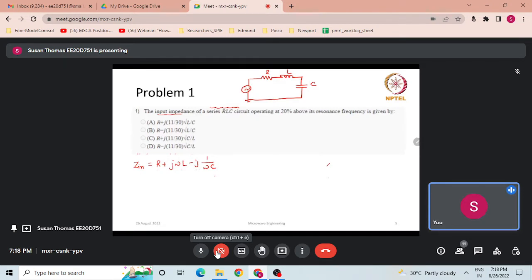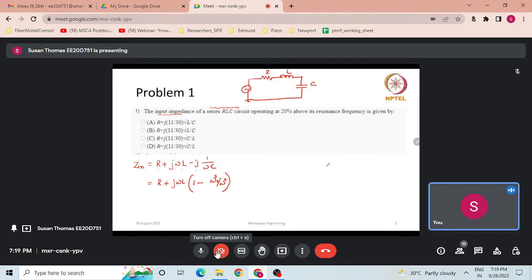Impedances in series, we are just adding them up. Now simplifying this, we get the expression R plus j omega L into 1 minus omega naught square by omega square.